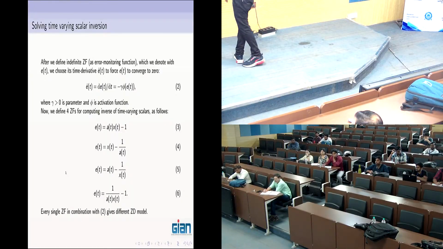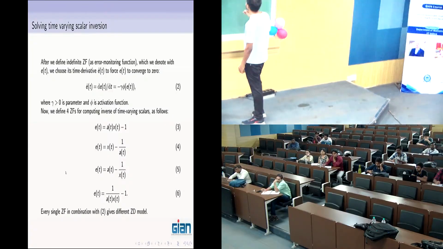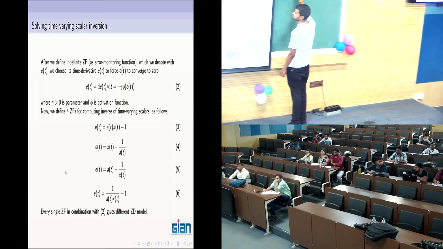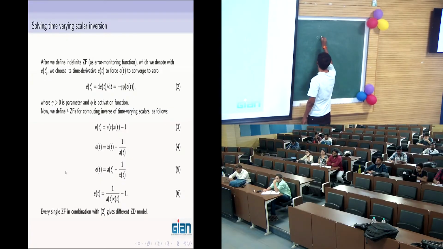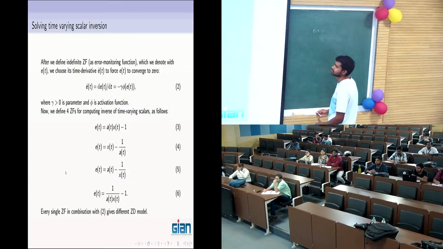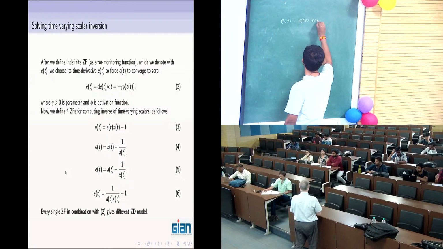Here is the ZNN model. The time derivative of the scalar value is equal to minus gamma E of t. That problem is in the scalar case.